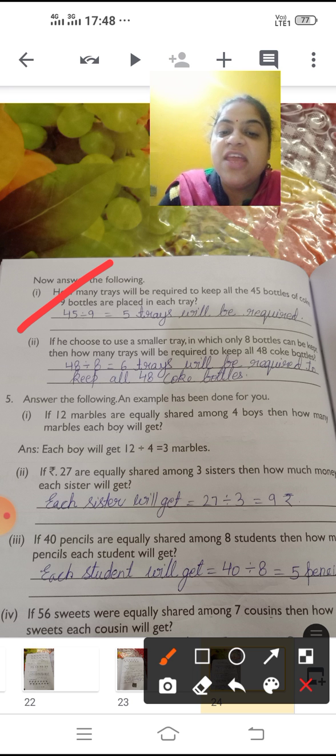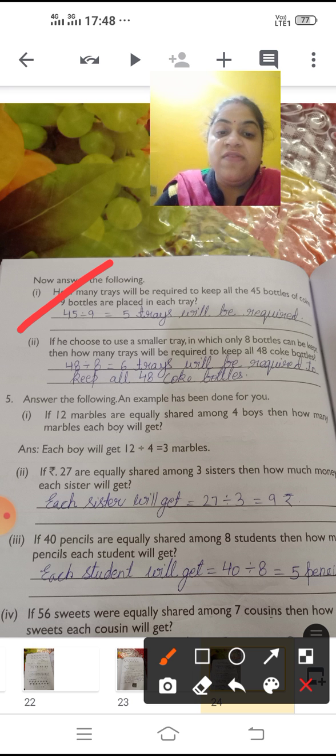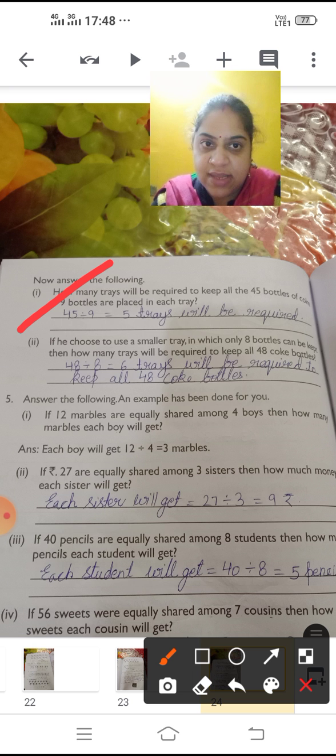Now next, if rupees 27 are equally shared among 3 sisters, then how much money will each sister get? Each sister will get 27 divided by 3. That will give you 9 rupees each sister will get.